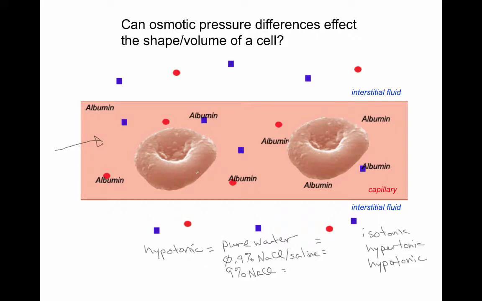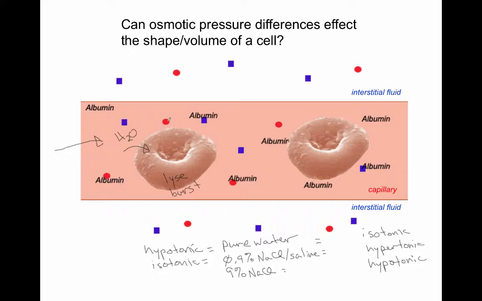The cells have a fair amount of solute within them, so the water that has been infused from this pure water solution will rapidly enter the cells and cause them to lyse or burst.